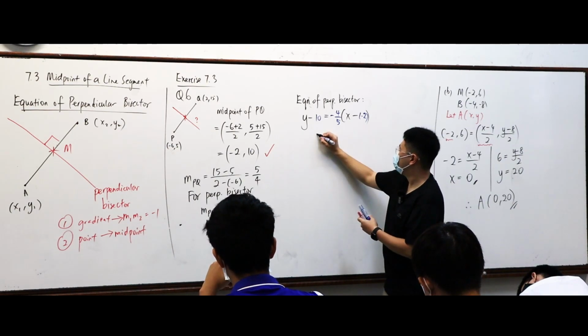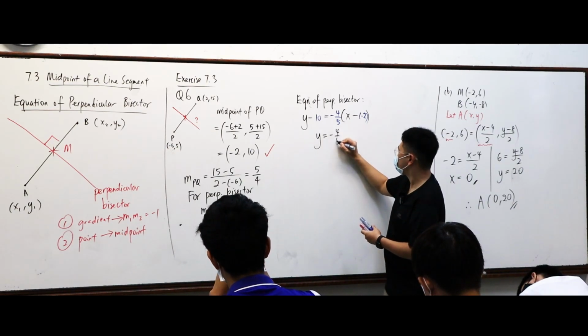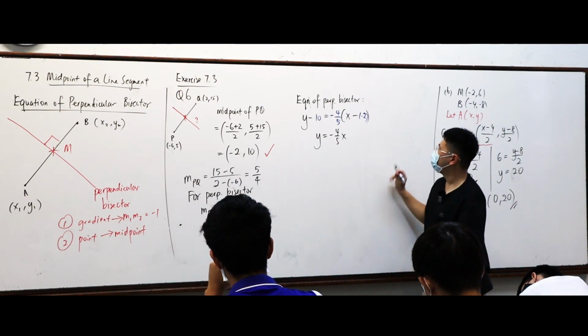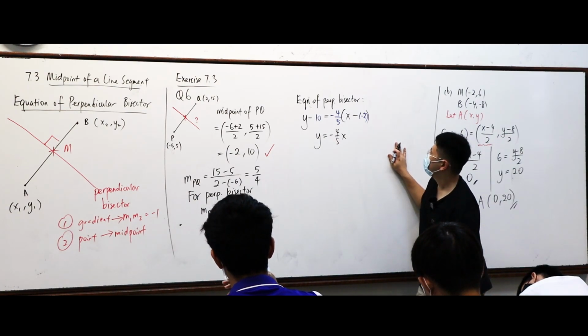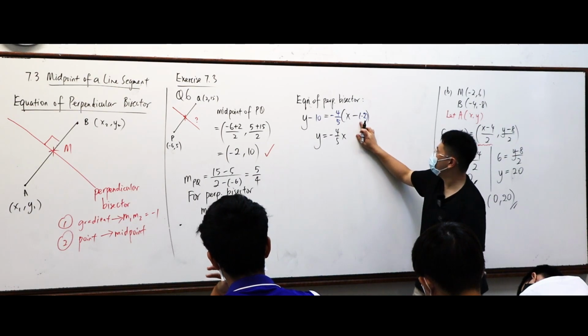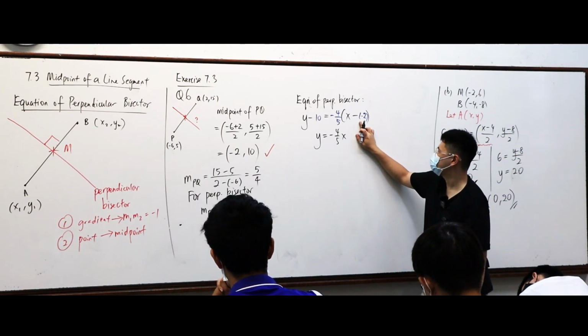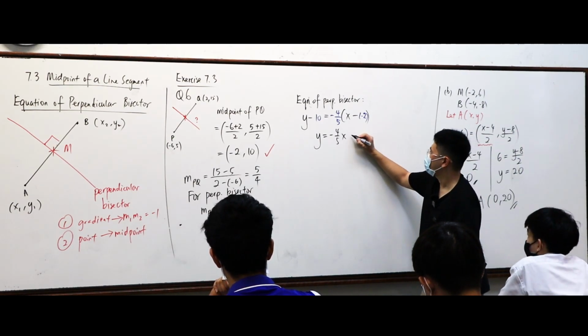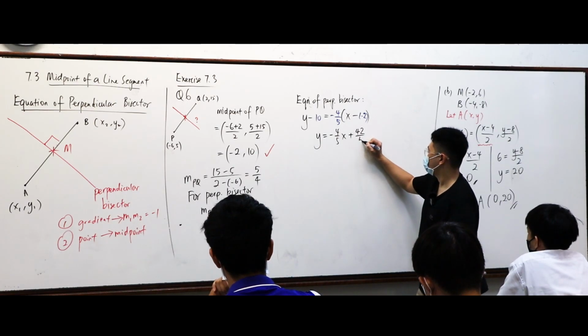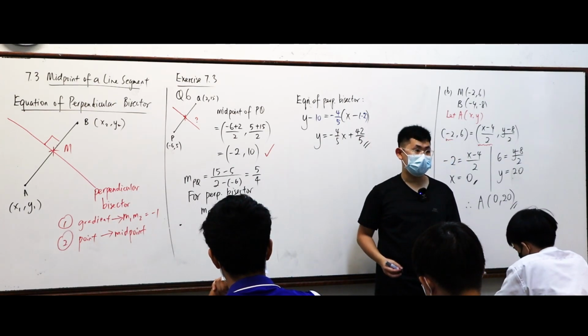So what do I have over here? y minus 10 equals -4 over 5 times (x plus 2). So minus 8. So it's going to be like this.